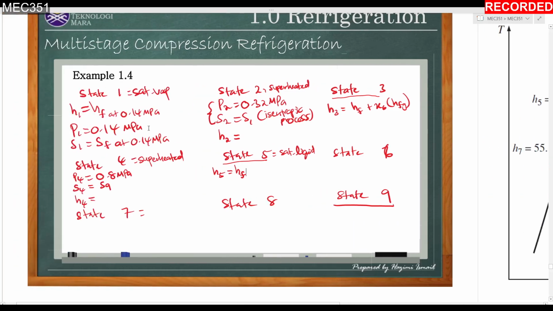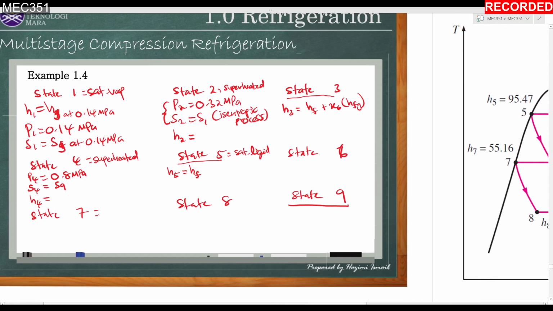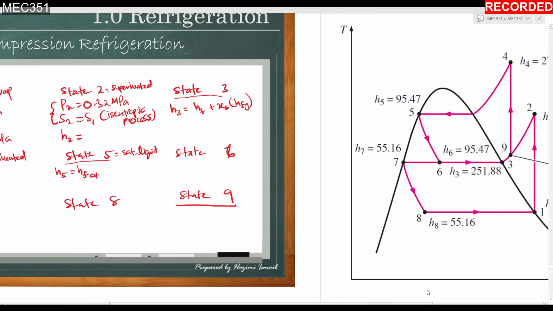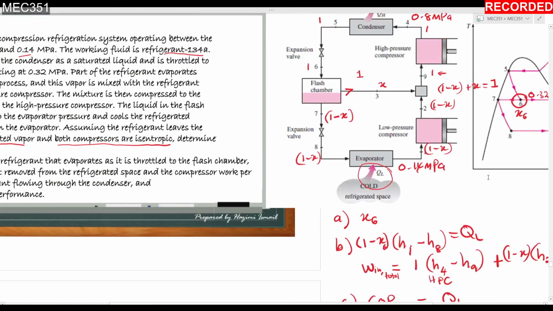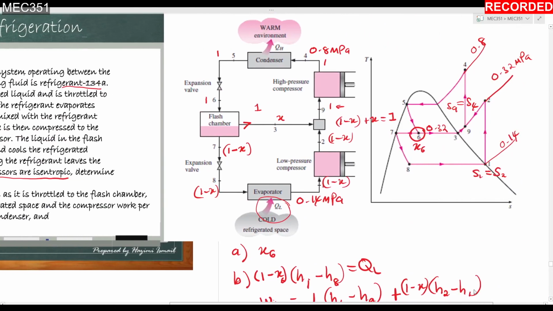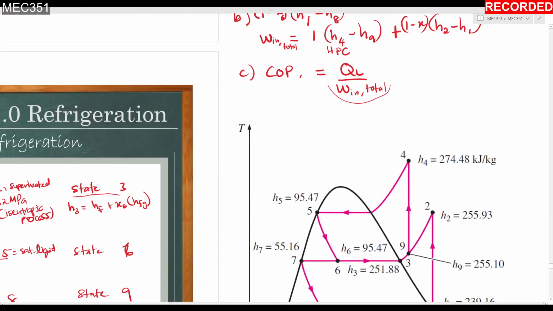Oh, sorry, this is Hg. Okay, at that pressure, what is the pressure of state 5? It is 0.8 megapascal.